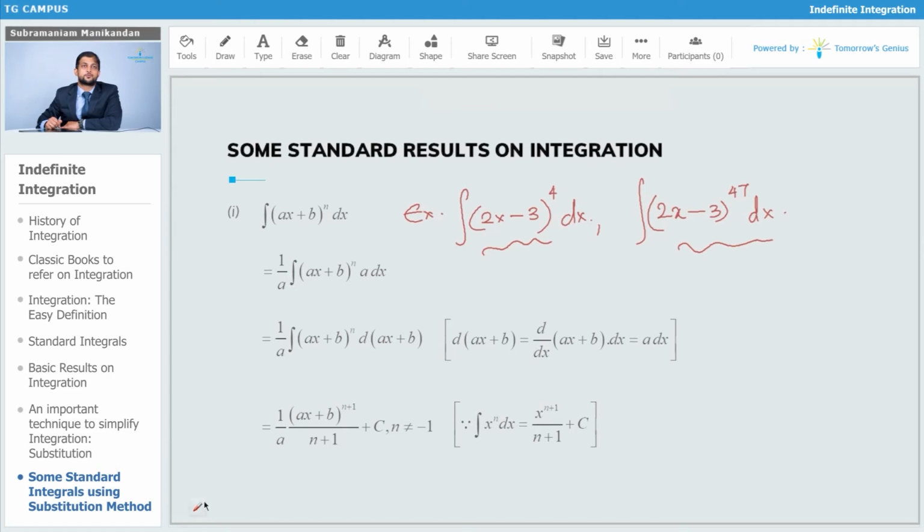If I make the substitution t = ax + b, where a and b are constants, then the derivative of t with respect to x equals a times the derivative of x plus the derivative of b, so dt = a dx.